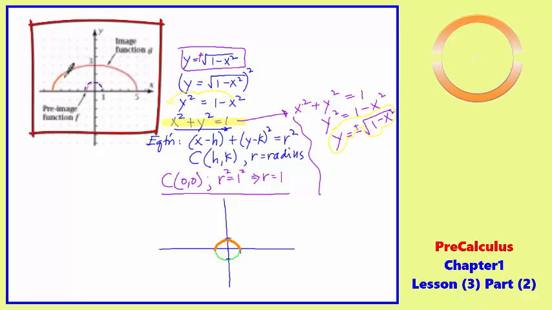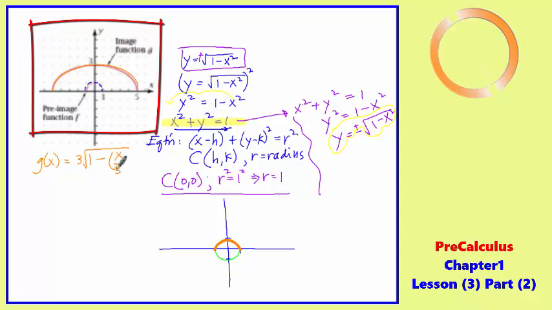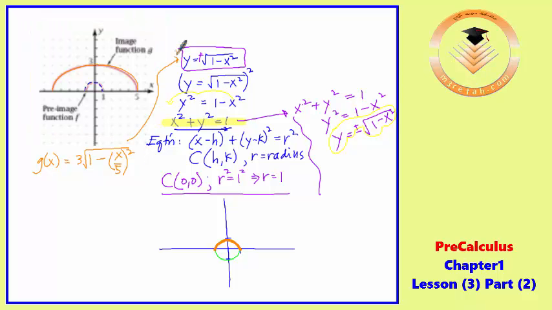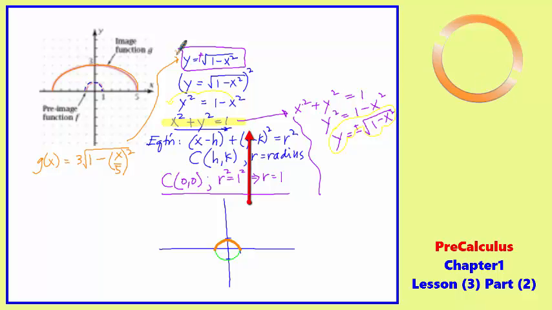Now the image function that you see is actually g of x is equal to 3 times the square root of 1 minus (x over 5) squared, if we're going to use our original function square root of 1 minus x squared.